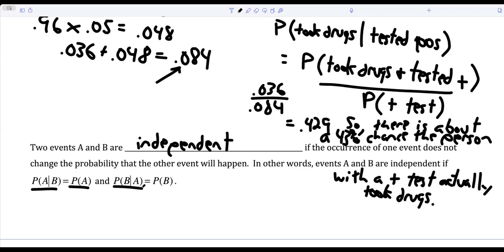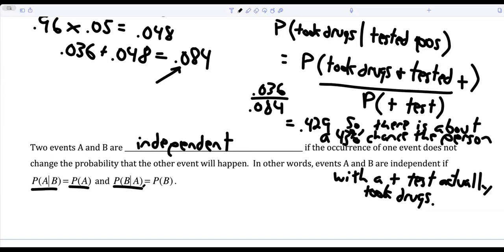So for example, let me give you a quick example to illustrate that. Let's say I draw a card from a standard deck of cards. What is the probability that I get a heart? It would be 13 out of 52 or 1 out of 4. Well, let's say I draw a second card. What's the probability that I get a heart on the second draw? Well, that depends if I put the card back or not.